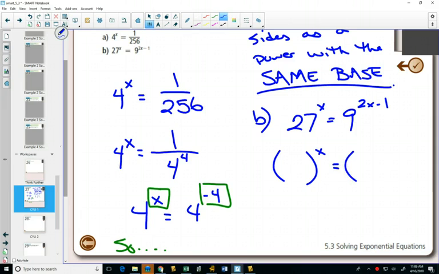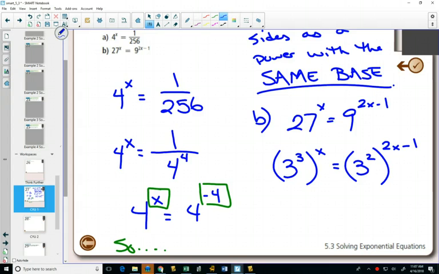So I'm going to rewrite 9 and 27. 27 is what to the what? And 9 is what to the what? Do I need to go back to the powers chart? Or can you see it? 27 is 3 cubed. Good. And 9, 3 squared.